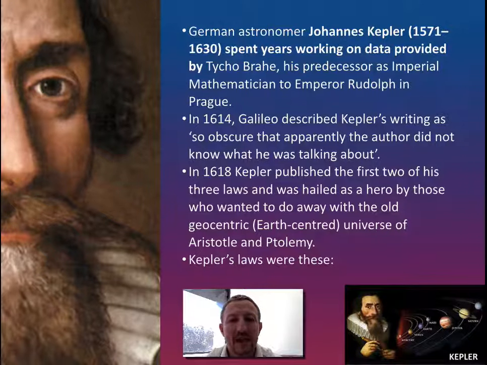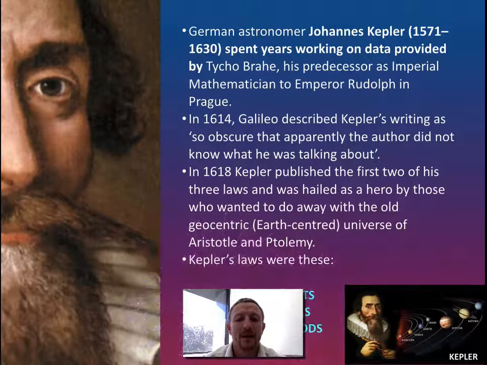When he published this work, it produced emphatic evidence against an Earth-centered universe, which was first put forward by Aristotle and Ptolemy. So the three laws that were put forward were the law of orbits, the law of areas, and the law of periods.